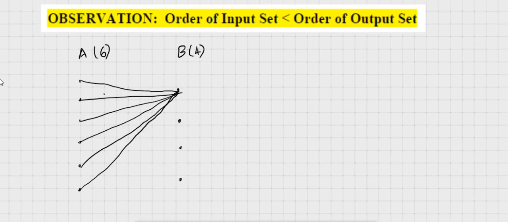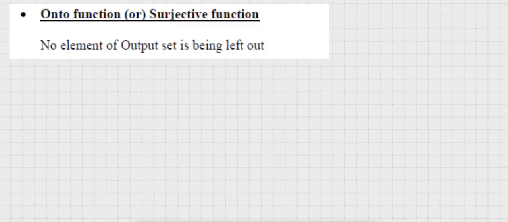Next we shall see the onto function. Onto function is also called a surjective function. It's very simple. No element of the output set is being left out. Again, I am imposing one more condition on a function. What is that?